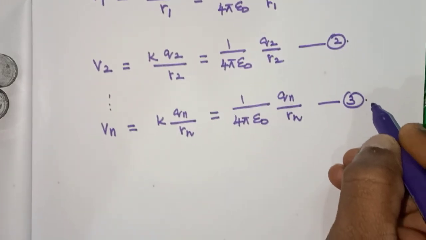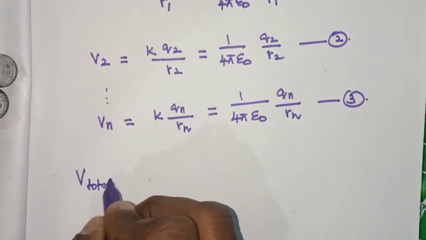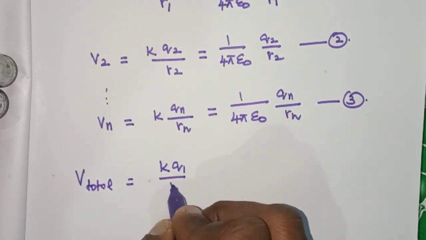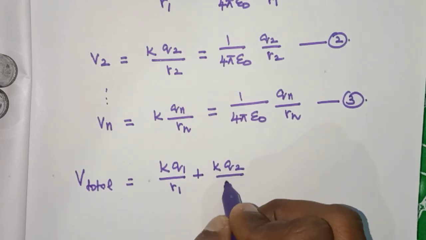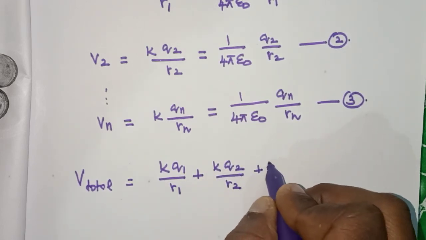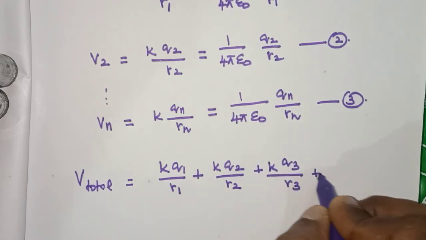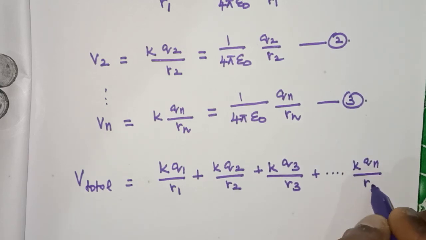So I am going to calculate the total potential, that is K Q1 by R1 plus K Q2 by R2 plus K Q3 by R3 plus etc., K Qn by Rn.